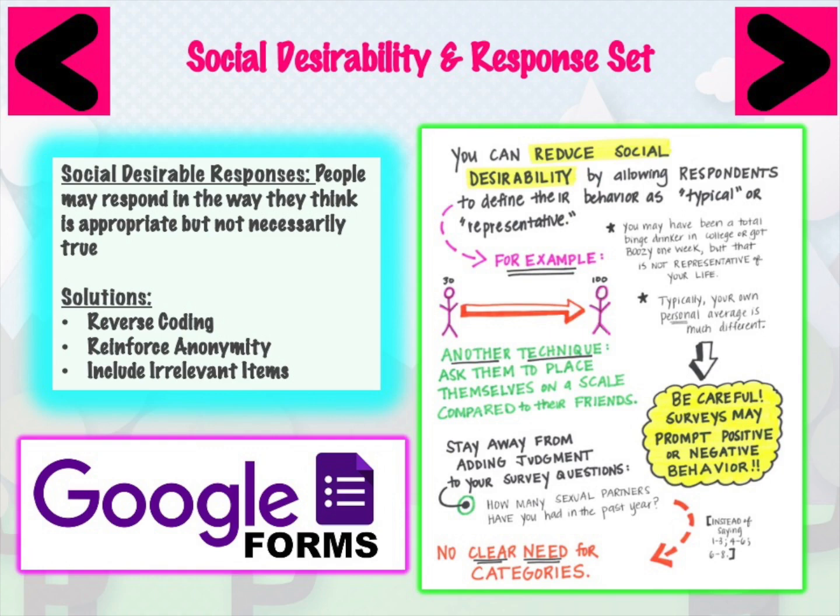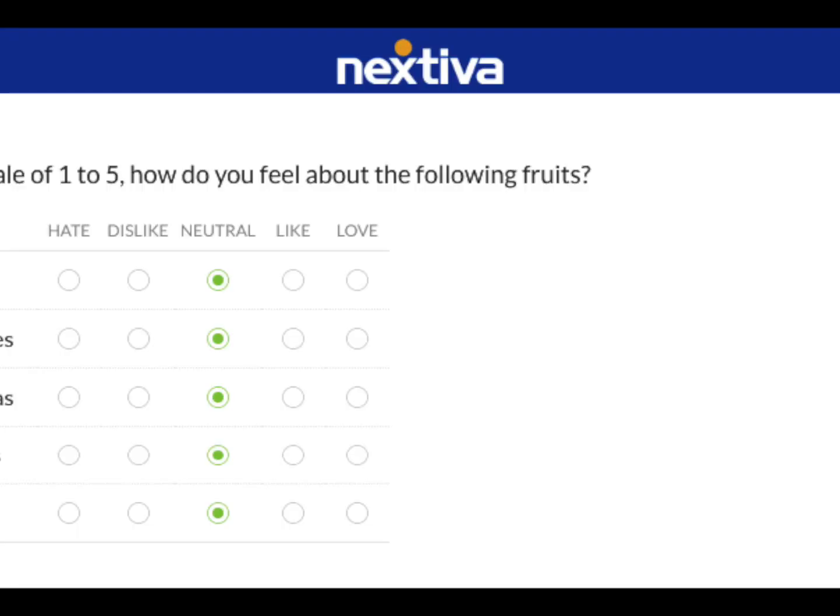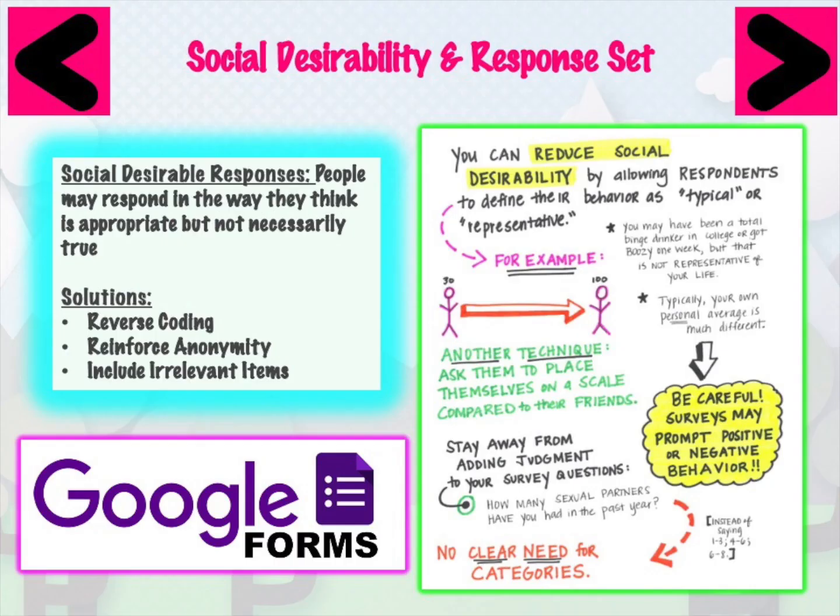Another problem that we sometimes see with respondents on surveys is that they give us what is called a response set. A response set is just always agreeing, always disagreeing, or always being neutral. Essentially, they're just picking one response and responding that way on every single item.